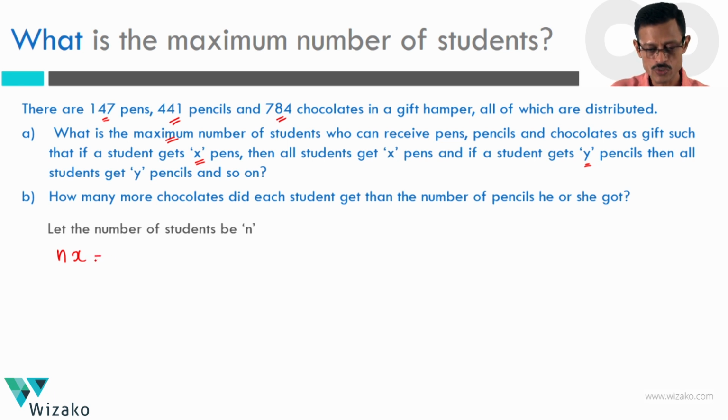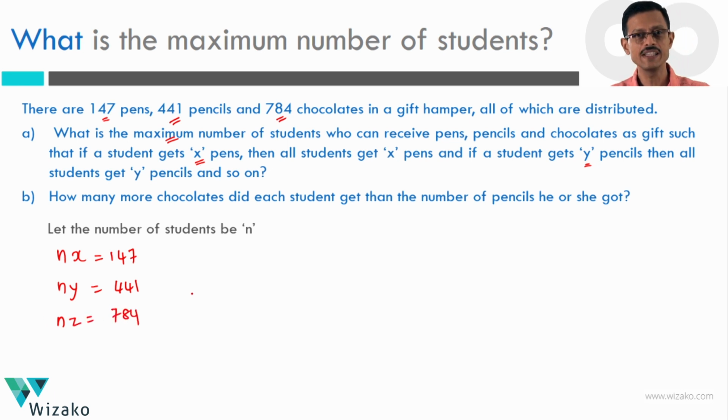So n into x is going to be equal to 147. The number of students does not change, but we are giving more pencils because we have more pencils available with us. So n into y is going to be equal to 441. And n into z is going to be equal to 784. So we have framed equations for all these 3 scenarios.